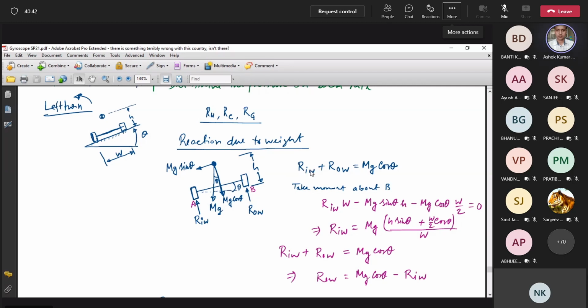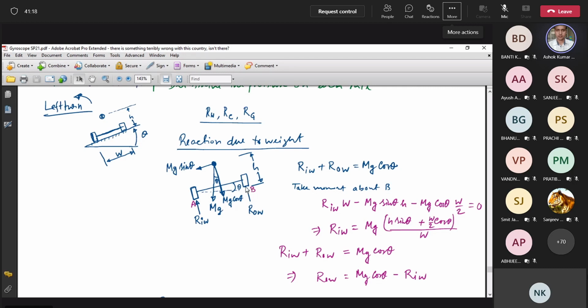We have written inner wheel and outer wheel: RIW means reaction due to weight in the inner wheel, and ROW in the outer wheel. The total weight mg is acting downward. Due to banking, the component of this load is mg cos theta, which balances these two reactions. So these two reactions must be equal to mg cos theta.